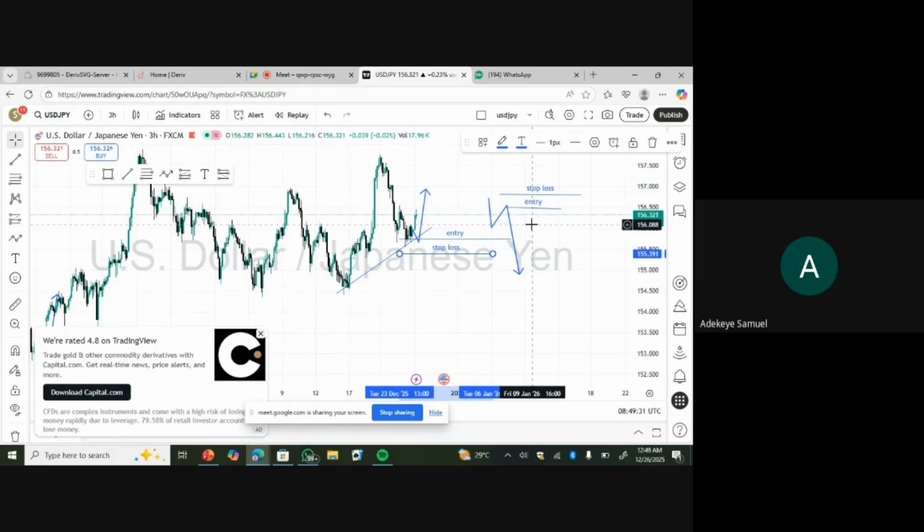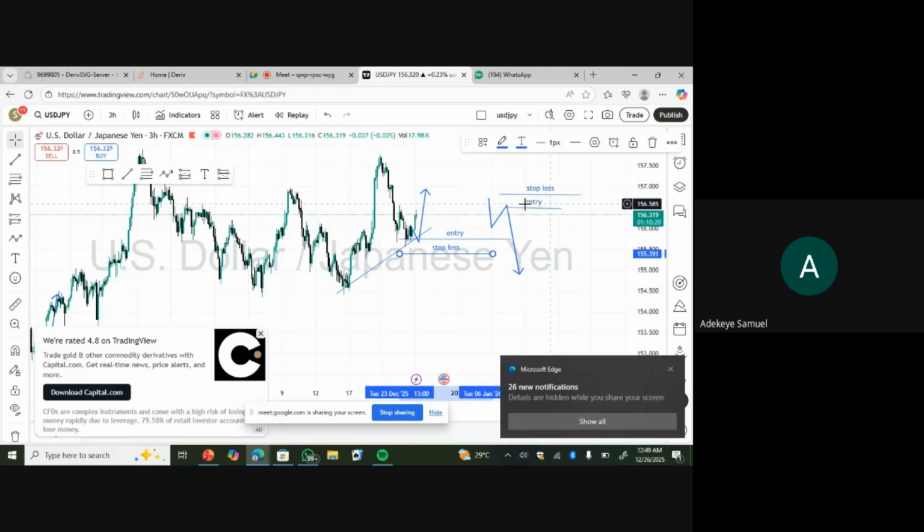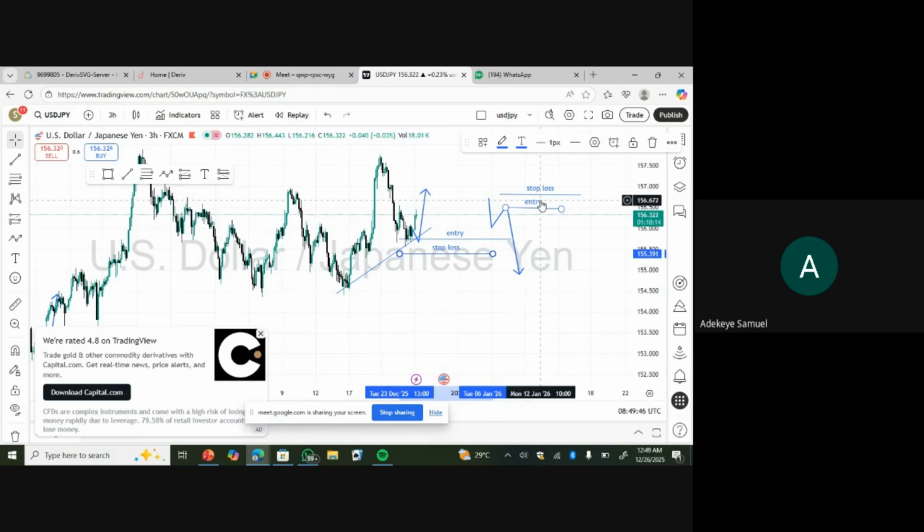For you to correct this, always calculate your stop loss level, and let your stop loss be a little far from your entry level after you have done your analysis, unless you see that this market is going to change direction at this particular level.